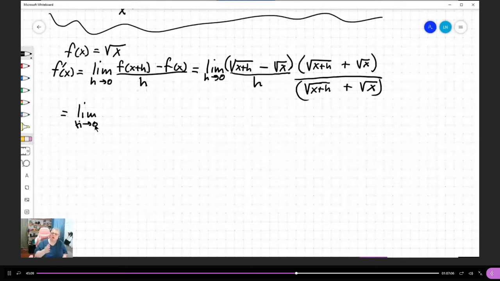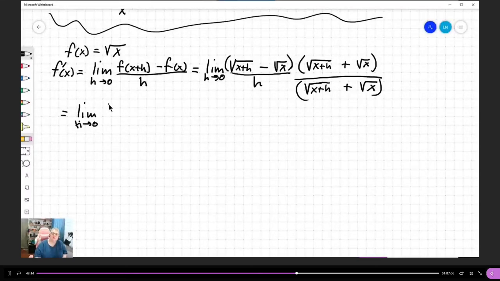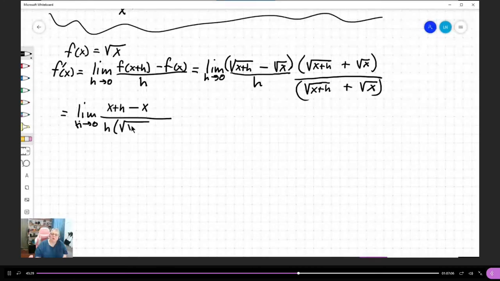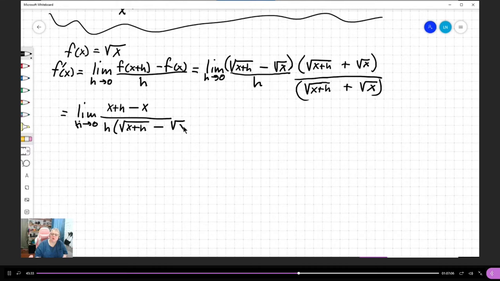So I get the square root of x plus h squared, which is just x plus h, minus the square root of x squared, which is just x. And again, on the bottom, don't multiply out your denominator, leave it written this way, that's a plus.